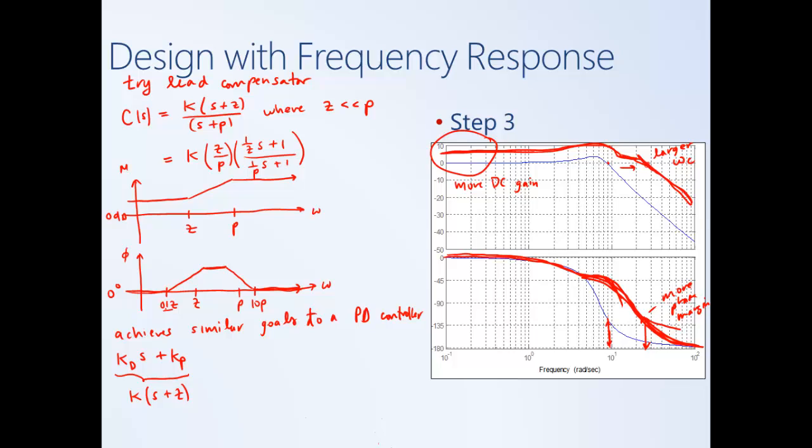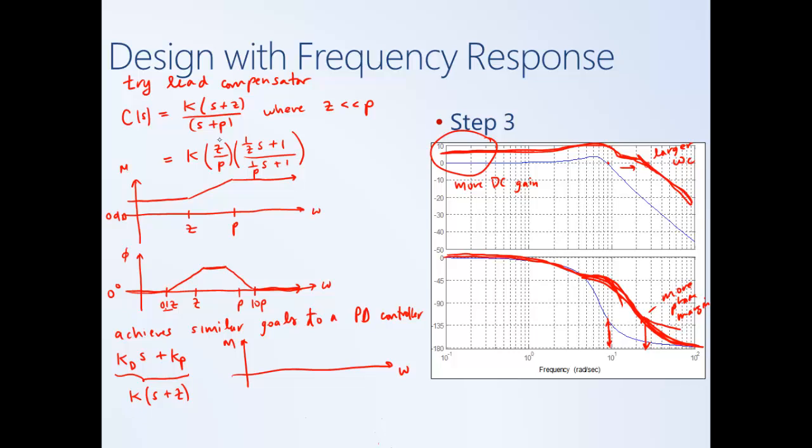So let's think about how the Bode plot of a PD controller is different from the Bode plot of a lead compensator. In particular, let's look at the magnitude plot. So what would the magnitude plot of the PD compensator look like? So again, we have a gain out front.